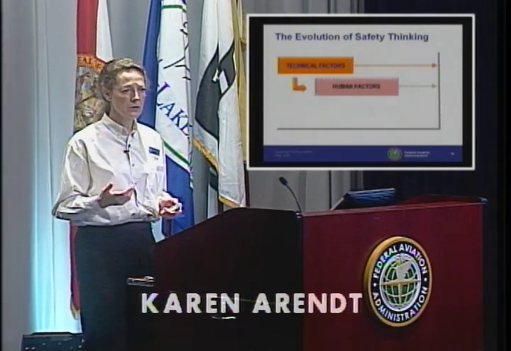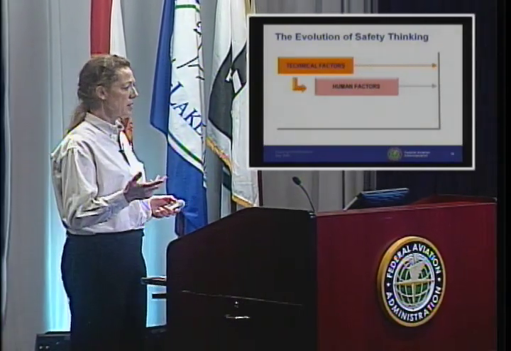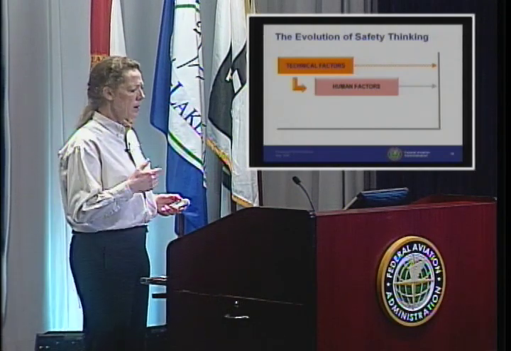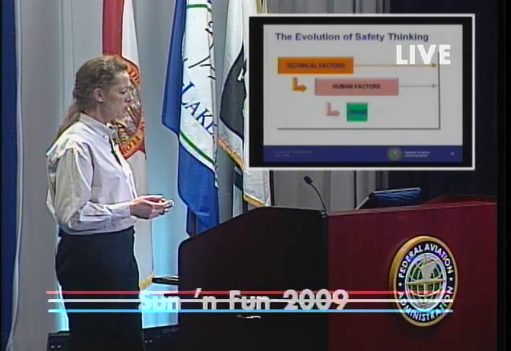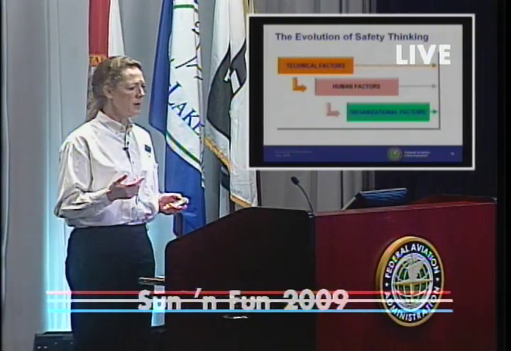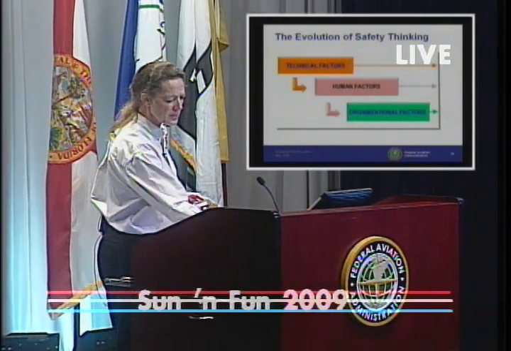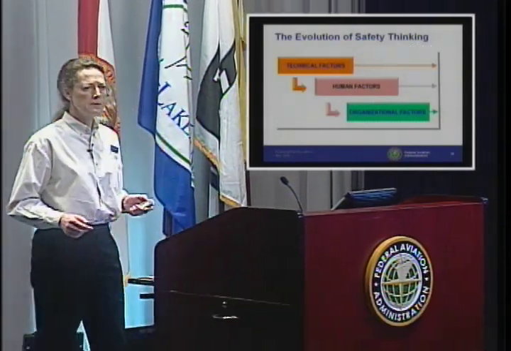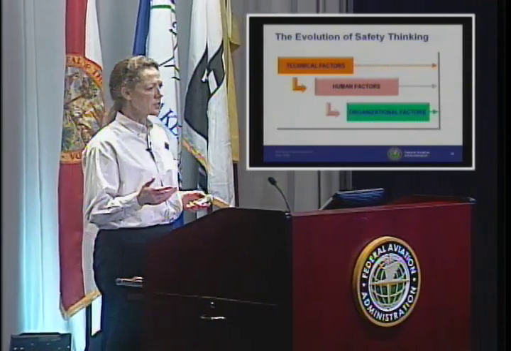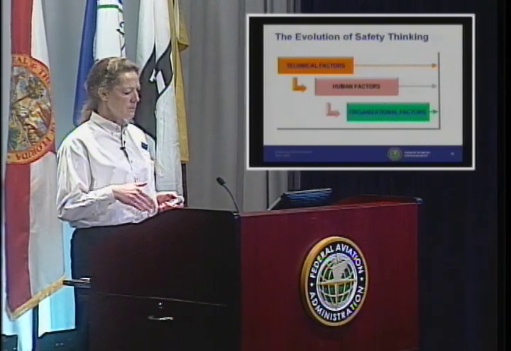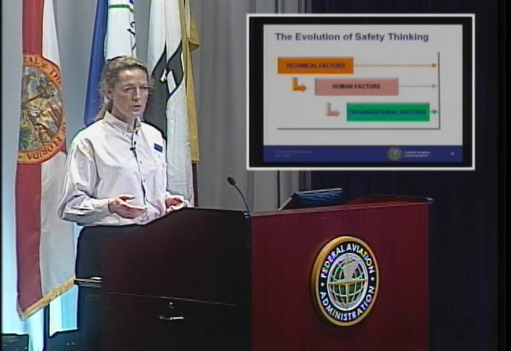Now into human factors, where they realized that interaction between the crews, communication, and cockpit leadership were developed, and training and education improved communication in the cockpit. Organizational factors, realizing that humans don't operate in a vacuum, and therefore the organizational factors provide the workplace conditions in which humans operate.